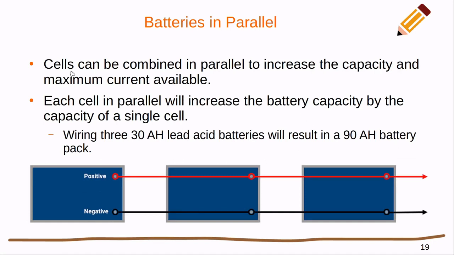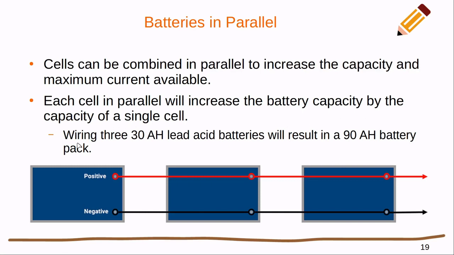Now, let's say that you want to increase the capacity and the amount of current that you want to have. Okay, in this case, you're going to combine your cells in parallel. All right, and basically, every time you connect a cell in parallel, you're going to increase the battery capacity by the capacity of a single cell.